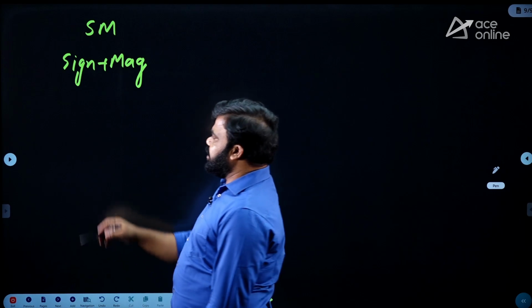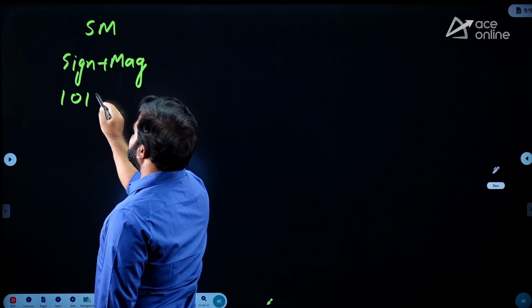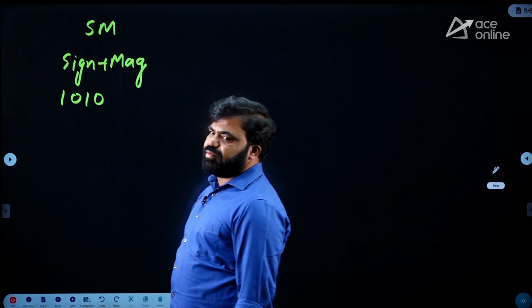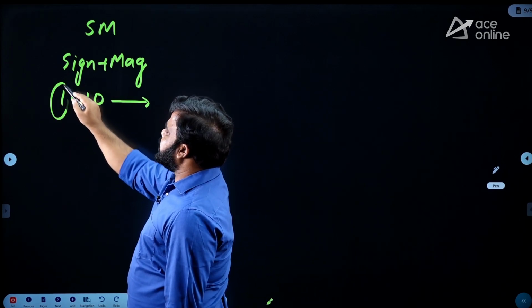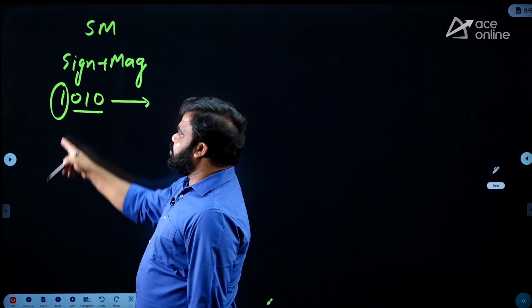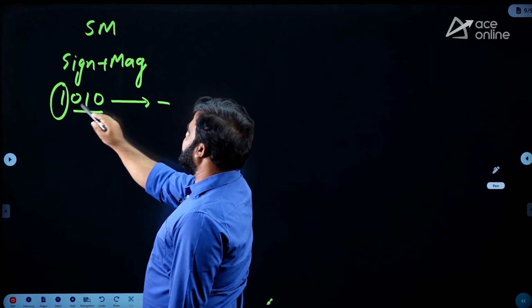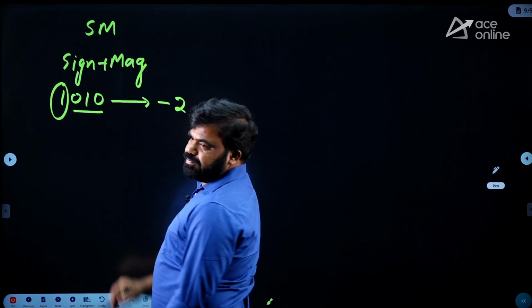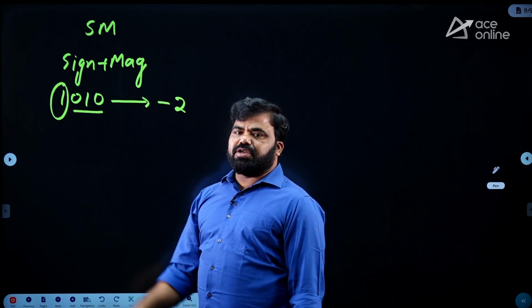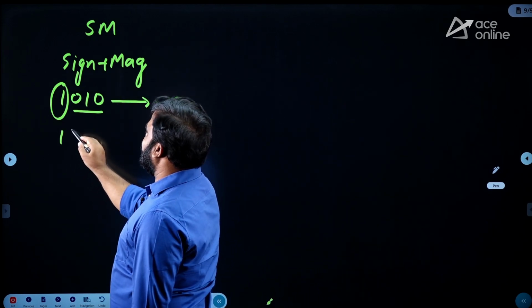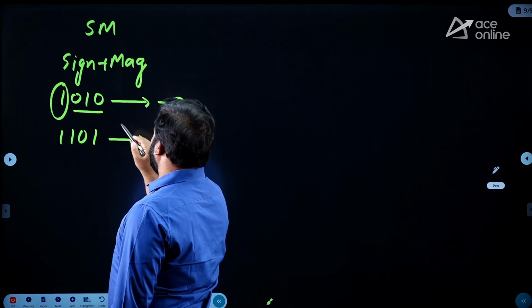If I take one example, 1010 in signed magnitude, its value is, excluding the sign, we calculate the magnitude. The MSB is 1, so it is minus, and 010 is 2. The decimal equivalent of this signed magnitude representation is minus 2. If I say 1101, what is the decimal equivalent?